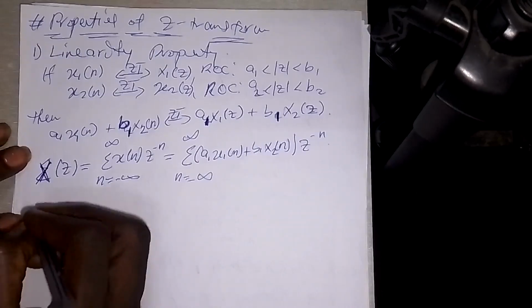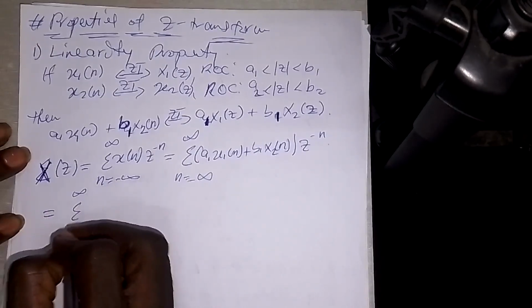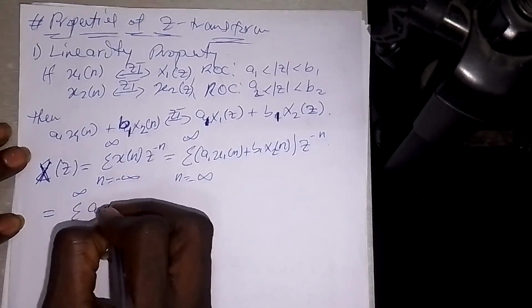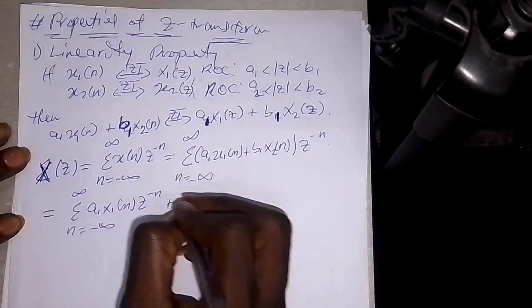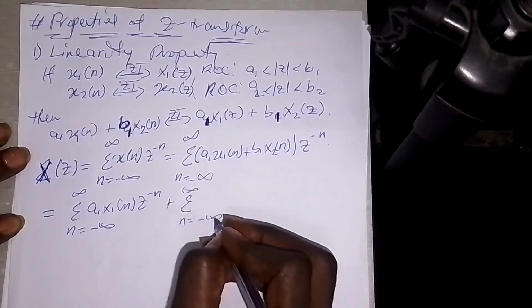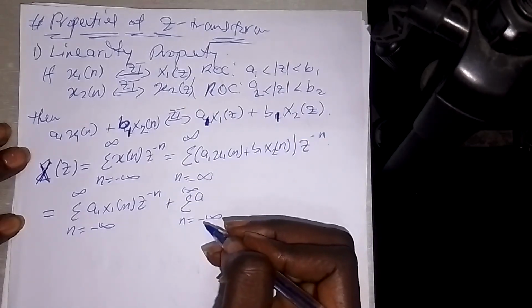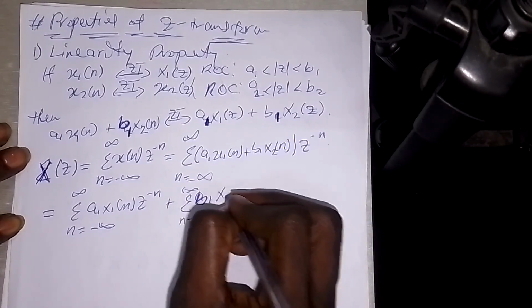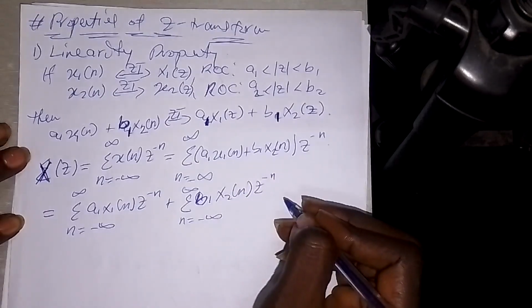So here I can say the summation from n equals minus infinity to infinity of A1 x1 of n into Z to the minus n, plus the summation from n equals minus infinity to infinity of B1 x2 of n into Z to the minus n.